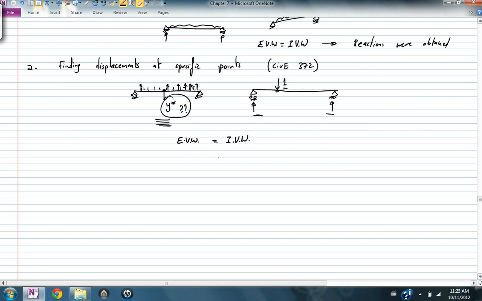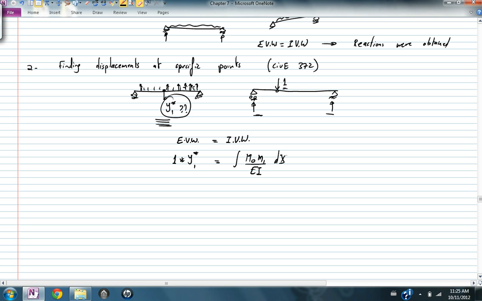The external virtual work is equal to 1 multiplied by the unknown displacement. Internal virtual work is equal to the integral of m naught m1 over EI over the length.